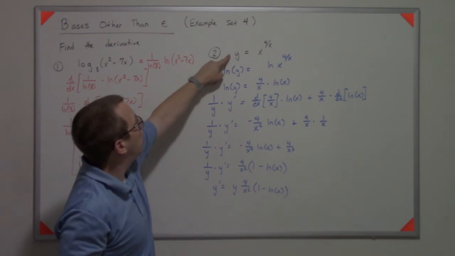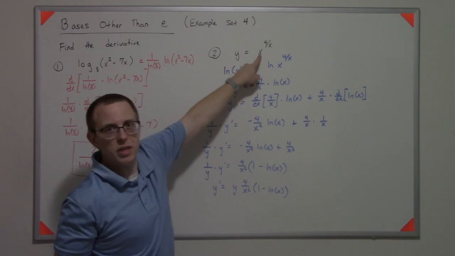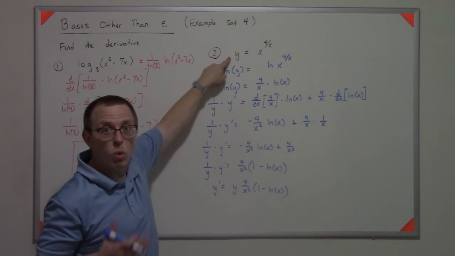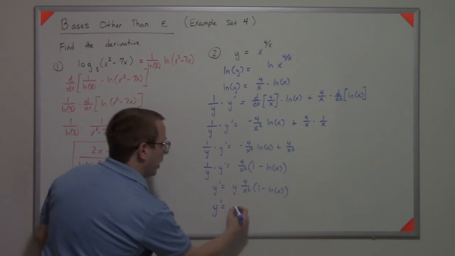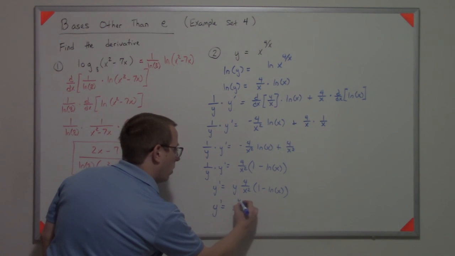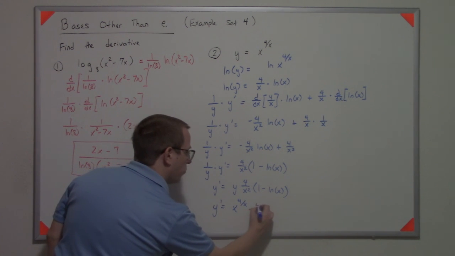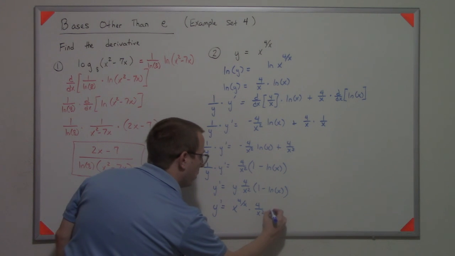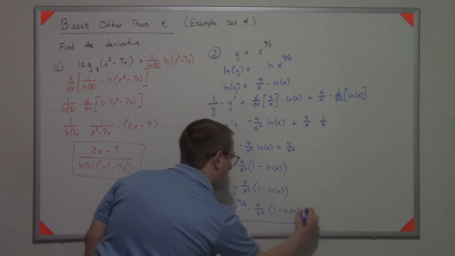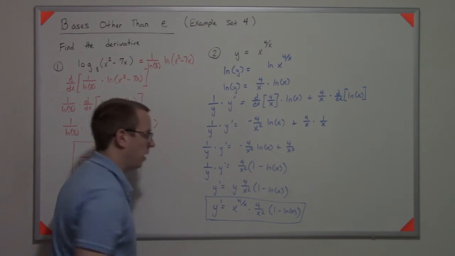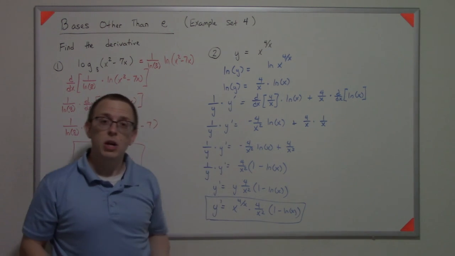I know that y is equal to this thing. That's the definition. That's what we started with. So instead, I get x to the 4 over x times 4 over x squared times 1 minus natural log of x. And that's how you take the derivative of that, which is really neat.